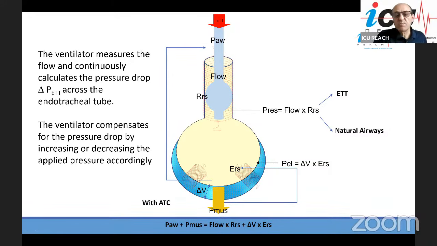As the machine is measuring the flow, it will be able to determine how much pressure drop there is between the proximal portion of the tube and the distal portion, and will generate pressure equivalent to this pressure drop. And then that pressure will be used to overcome the resistive load of the endotracheal tube.